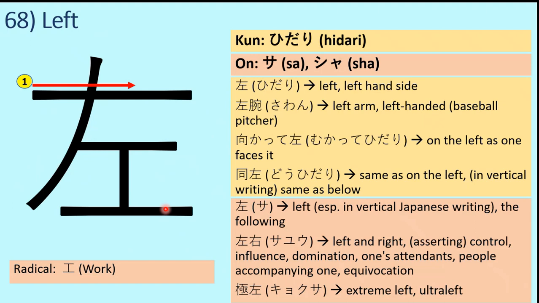Again, in the stroke order of this, we see that this horizontal line is the first stroke. This is quite confusing, friends. In the symbol for right, we had this as the first stroke and this as the second stroke. But when we write left, this horizontal stroke is the first stroke and this is the second stroke.